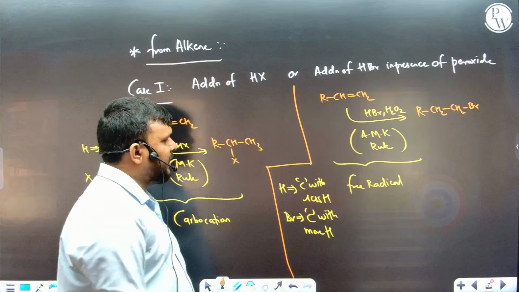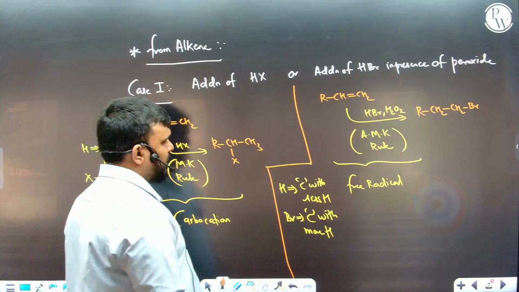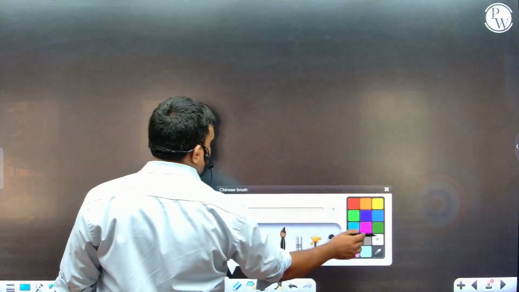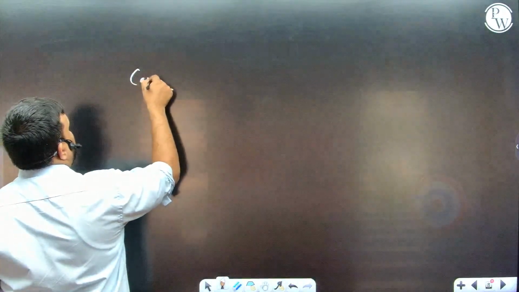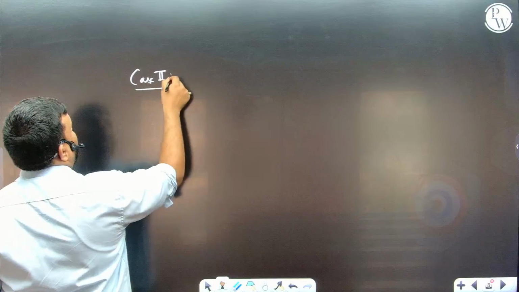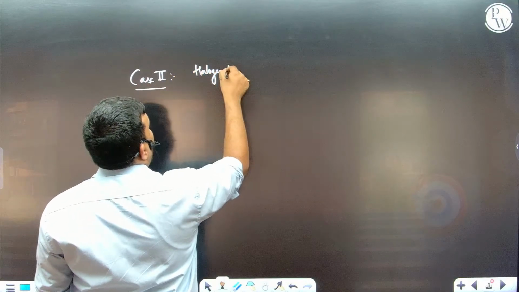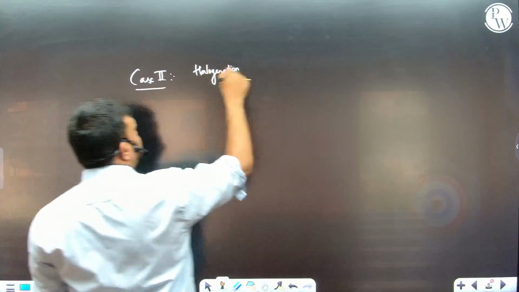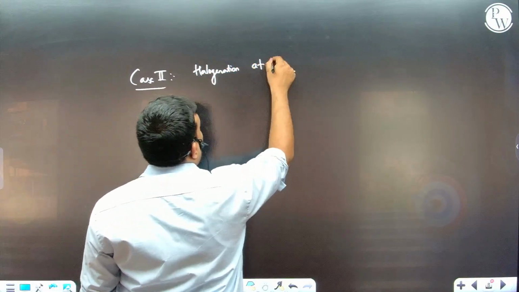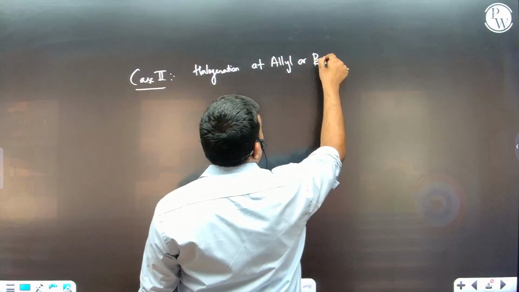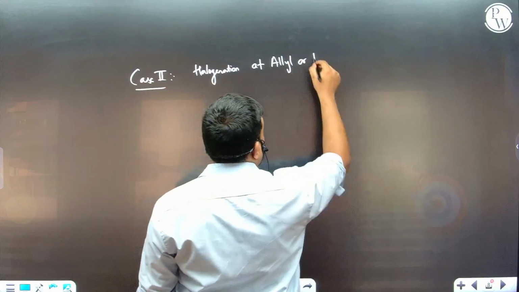So that is a very interesting preparation method. So let us see case number 2, where we are having halogenation, which can be either chlorination or bromination, halogenation at allyl or benzyl position.